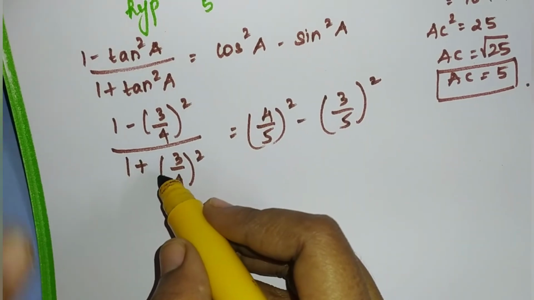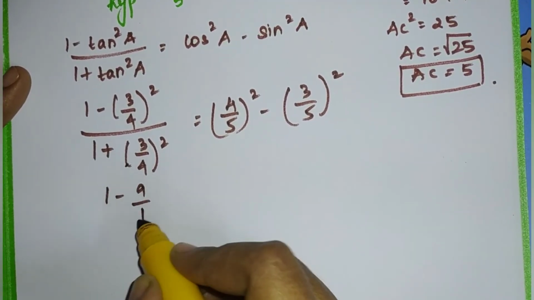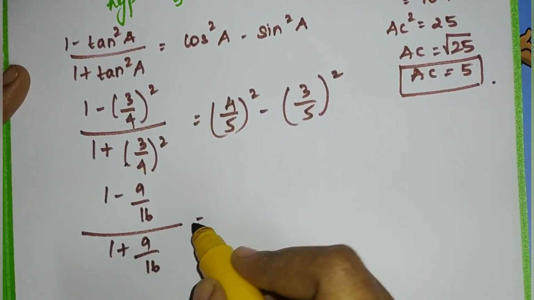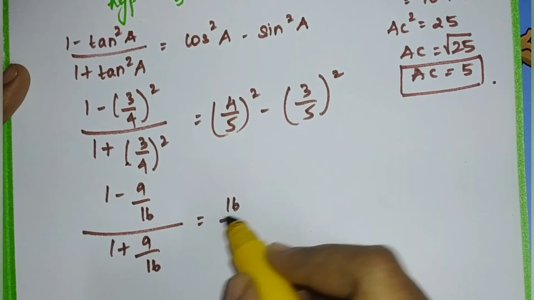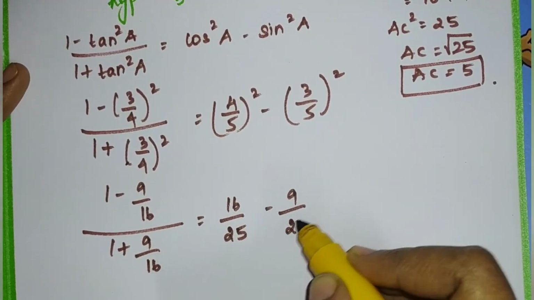Now square this one. 1 minus 9 by 16, 1 plus 9 by 16. If you square, what you will get? 16 by 25, 9 by 25.